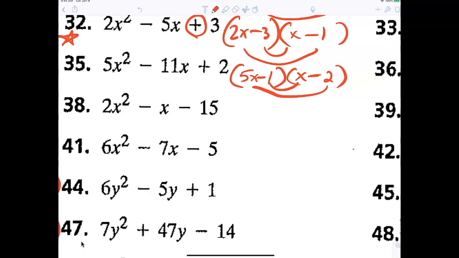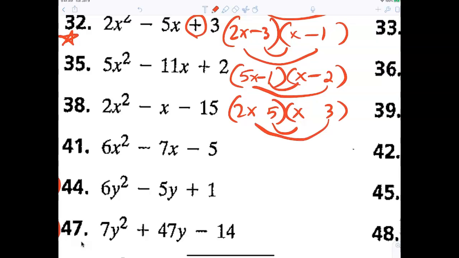All right. Last medium one. The 41 and 44 are considered the hard ones. All right. So again, the only way to get 2x squared is with what? 2x and x, factors of 15. 5 and 3. Now where does the 5 go? I think the 5 would go where? On the left. Because that would make 5x. And that would make what? 6.